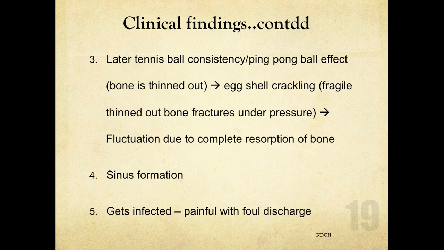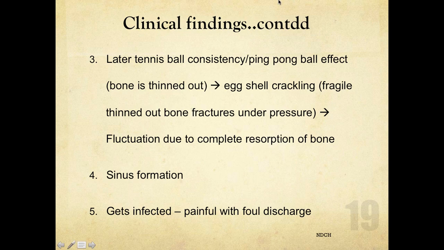Later on, as these cysts go on expanding, the cortical bone gets thinned out, and on palpation you can elicit a tennis ball consistency, or what is called the ping pong ball effect. With further resorption, the bone becomes more thinned out and fragile, and it fractures under pressure.